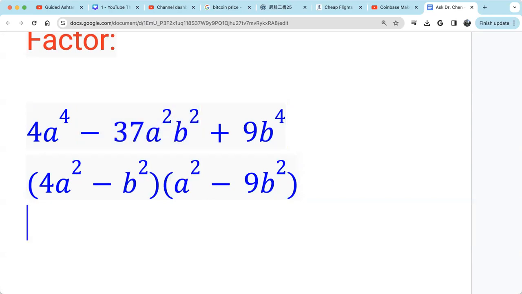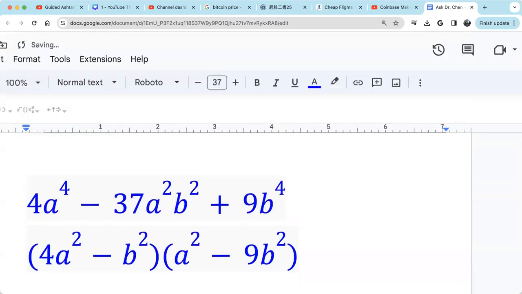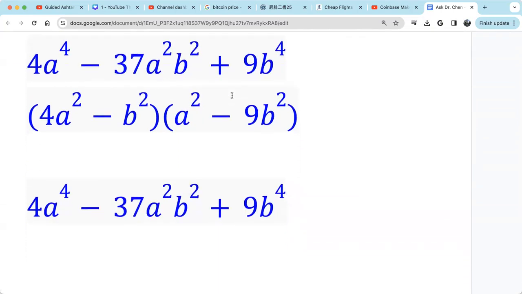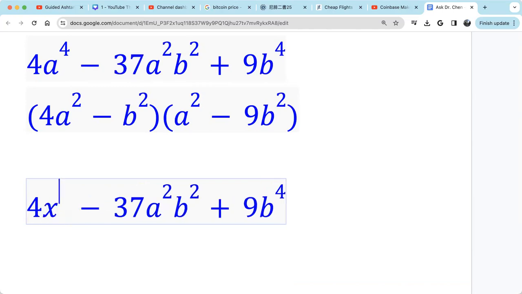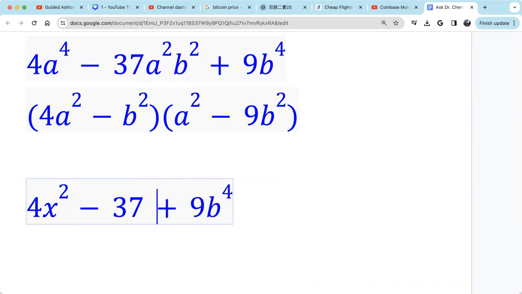If this is too much trouble for you, you can always make a simple version of this. Let me copy paste first. You're thinking, okay, I'm only going to think about 4x squared minus 37x plus 9.